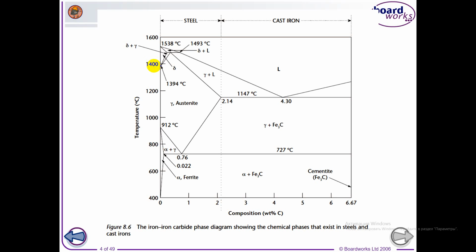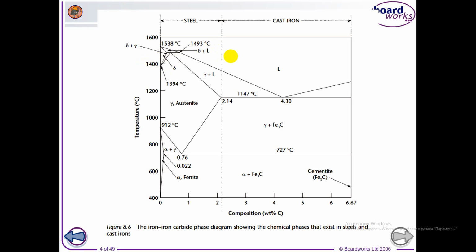As the temperature reaches about 1500 degrees for steels containing up to 1 weight percent carbon, we enter the liquid phase. And thus the alloy melts at about 1500 degrees.